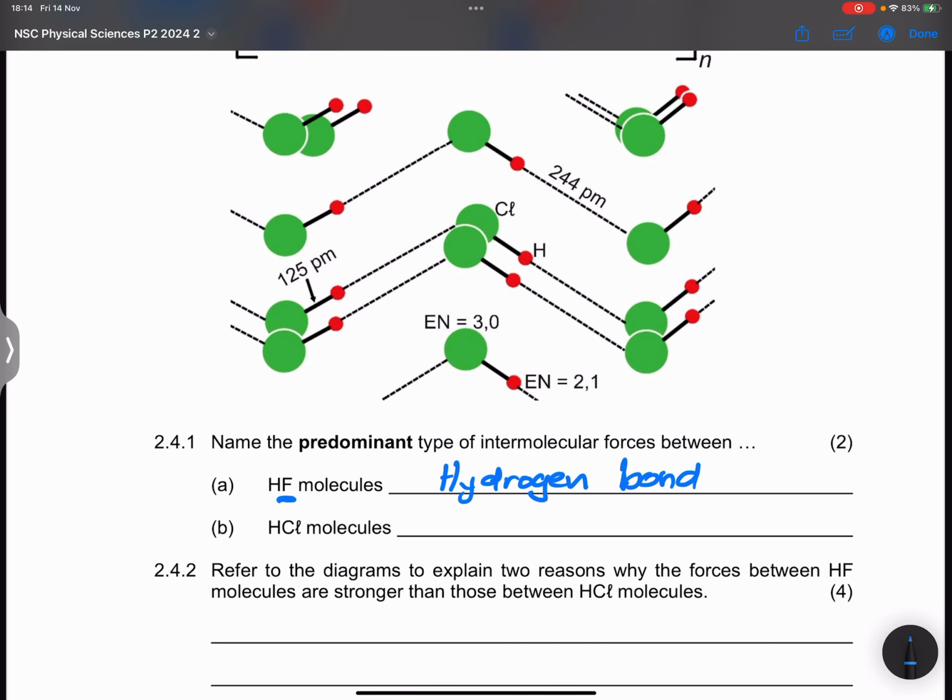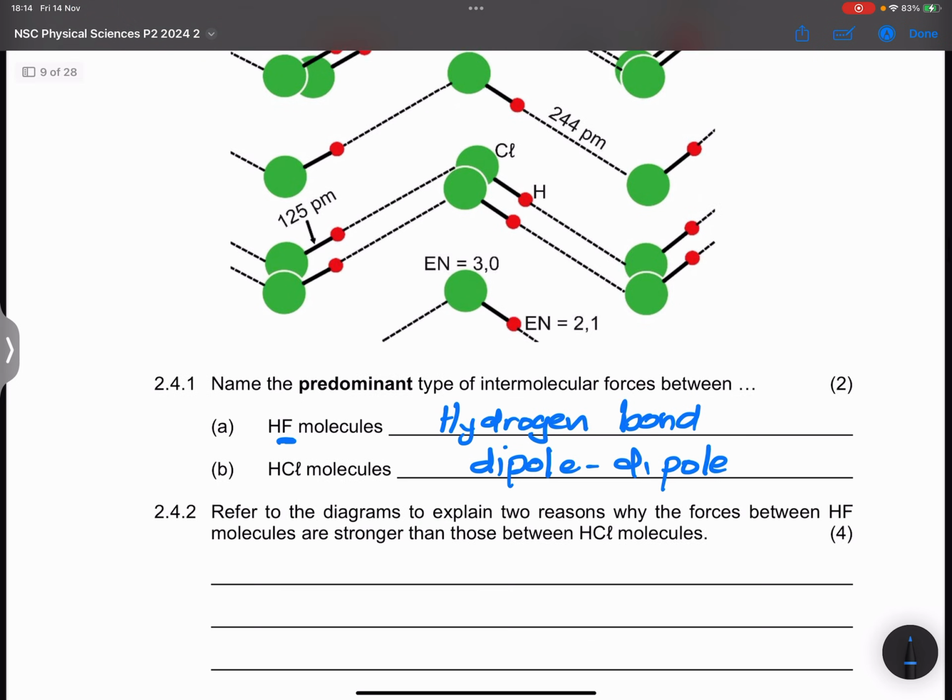Okay, so that's hydrogen bond. And then we've got hydrogen chloride. In that case, you'll see that once you take the two electronegativities, that gives us 0.9. So that is a dipole force. Okay, so that's dipole.